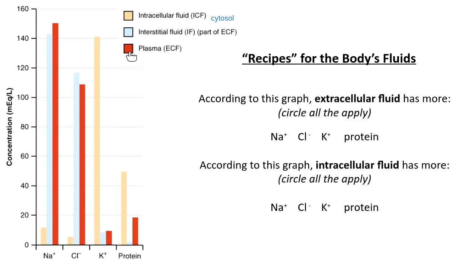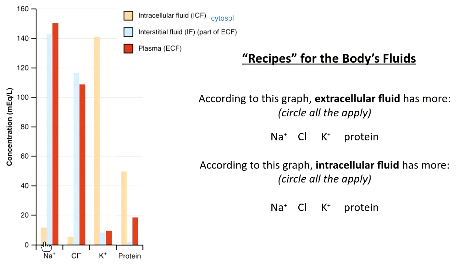So as we start looking at this graph from the left side, the first thing on this graph is sodium. Notice that the bars are very tall for blue and red fluids, meaning I have a lot of sodium inside interstitial fluid, represented by this blue bar, and inside plasma, represented by this red bar. Notice that inside my cell, in cytosol, there's not very much sodium.